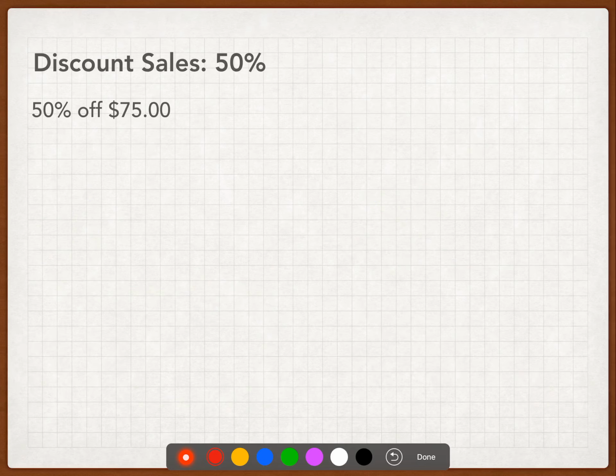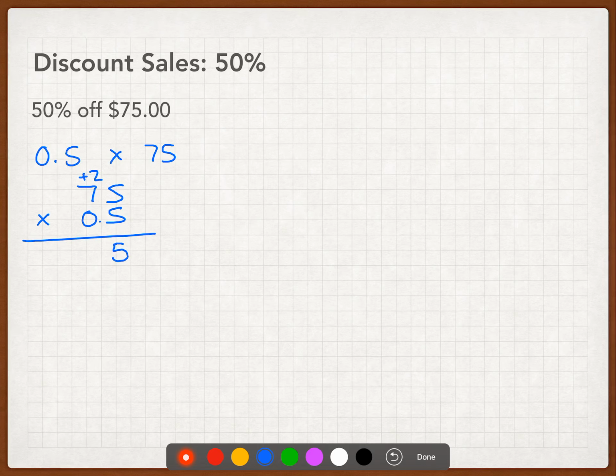We're going to try one that's a little harder. So we're going to extend ourselves. Decimal format times 75. We're going to write it in our multiplication format. 5 times 5 is 25. 5 times 7 is 35 plus 2.